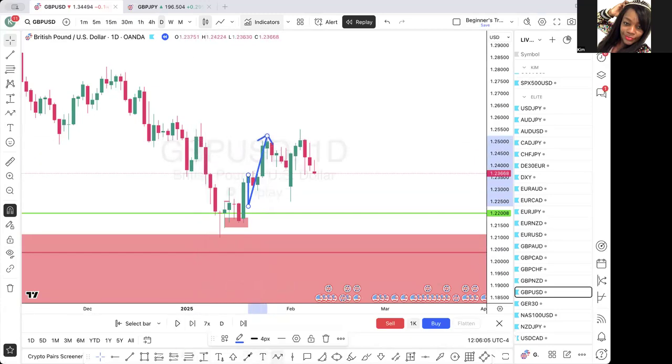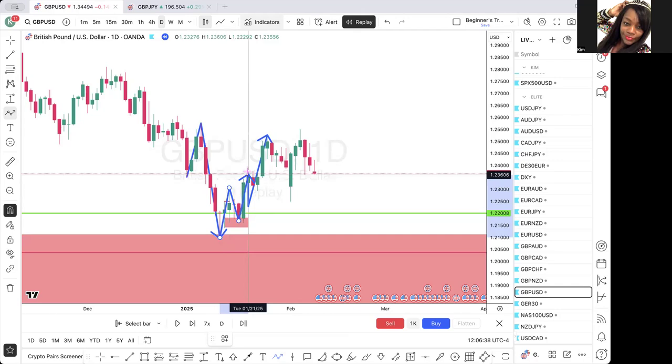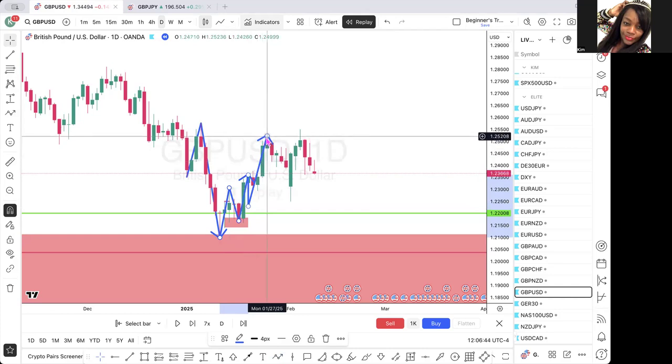This was the daily structure here, right? So you would be looking for price to pull back to somewhere between 78 or 88 and up in here. But if you're marking up the daily structure, you had this push up, this pullback not breaking this low, and then this break of structure, push up right here. And then you had that pullback.